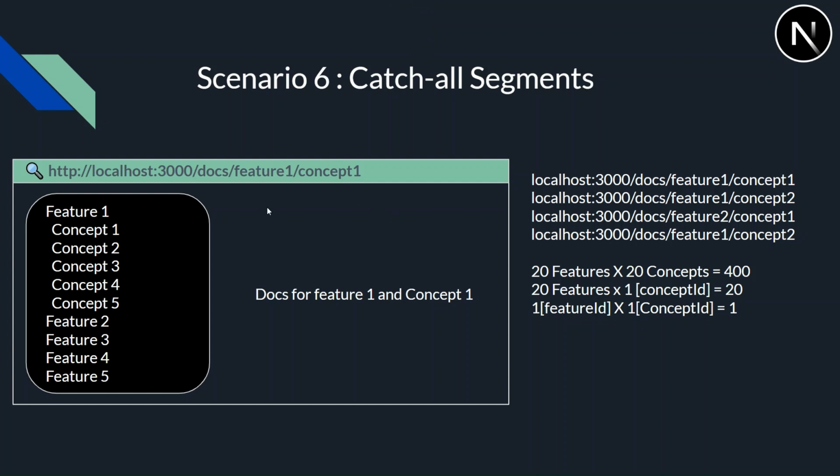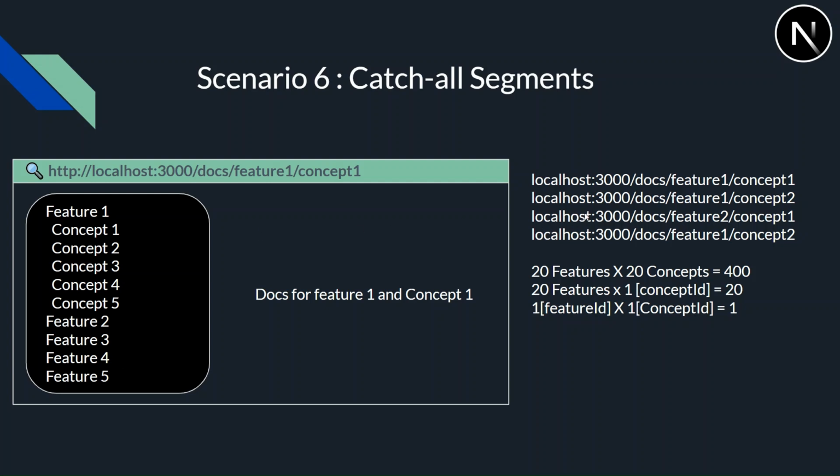Here you can see that we have a URL like localhost:3000/docs/feature1/concept1, and each feature has 5 concepts, so we have 5 features and 25 routes almost. So if we go for routing purposes, it would be localhost:3000/docs/feature1/concept1.